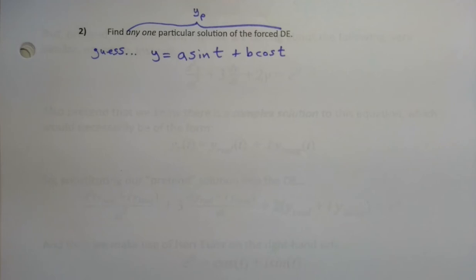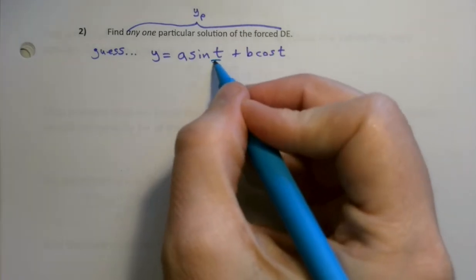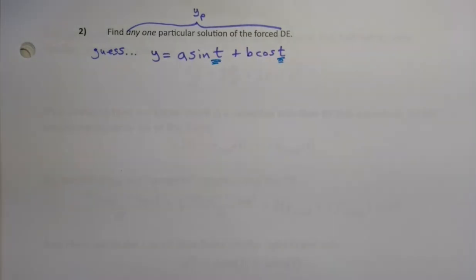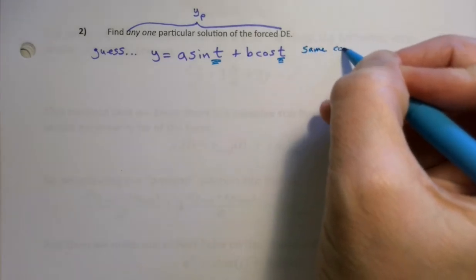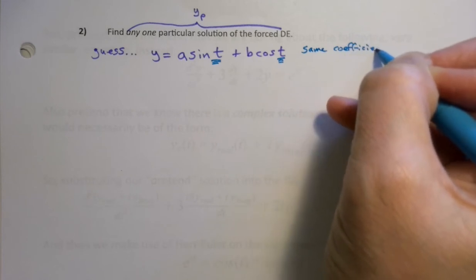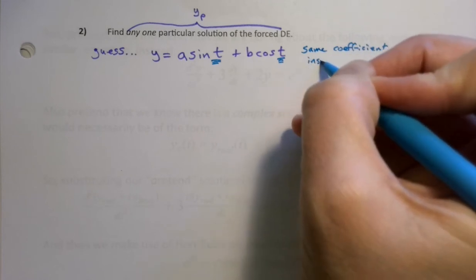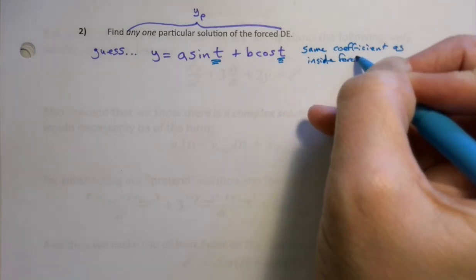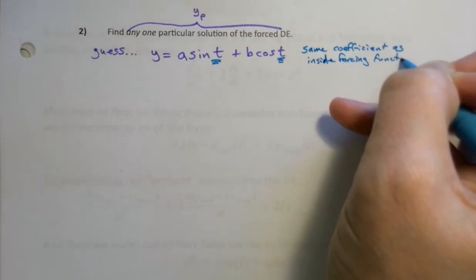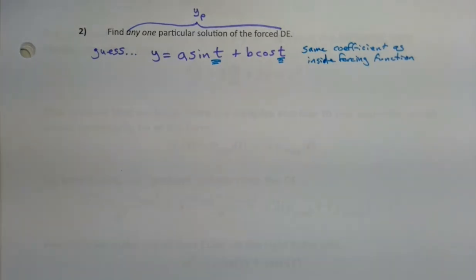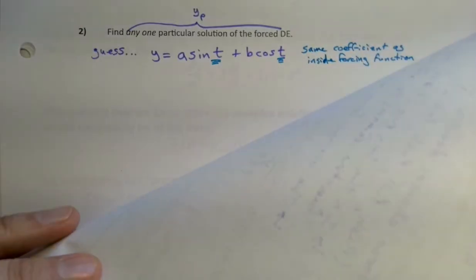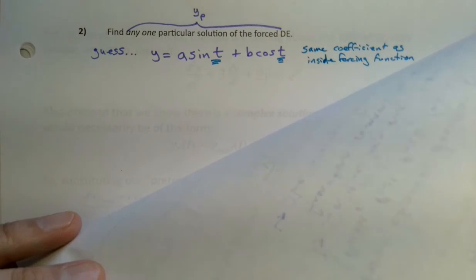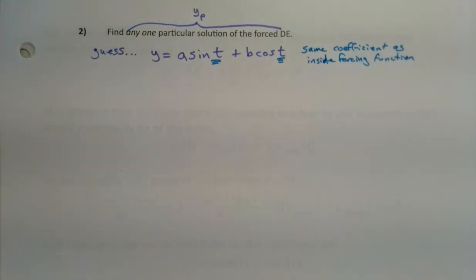And you'll notice that the coefficient in front of the t is the same as what's inside the forcing function. So that's important to note. For example, if our forcing function were sine of 3t, then we would make those a sine 3t and b cosine 3t, but we keep the same coefficient there.